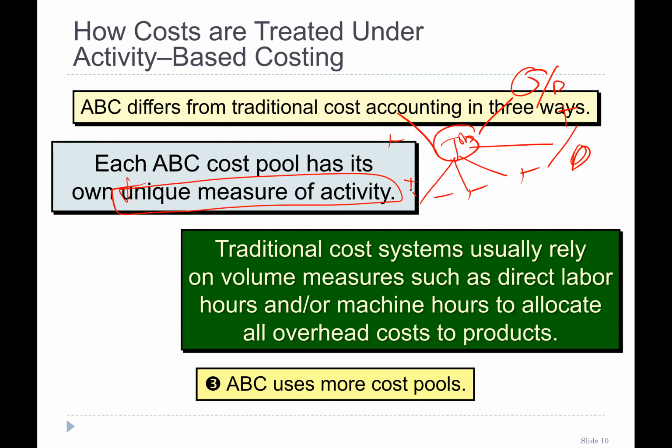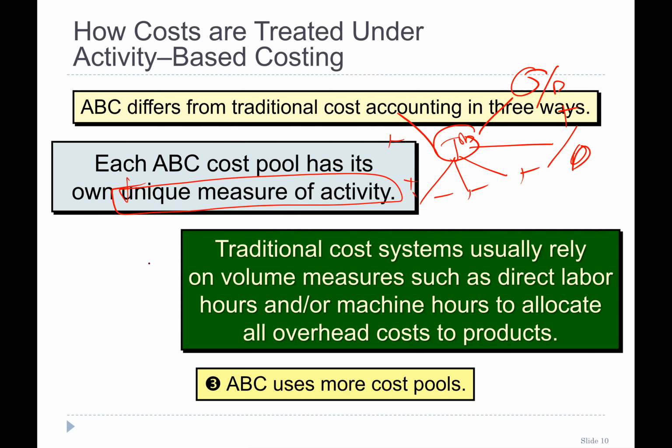It's not that direct material is measured by how much direct material is purchased. No, it has its own measure, and every job has its own measure, and the product cost is the sum of all the activities.